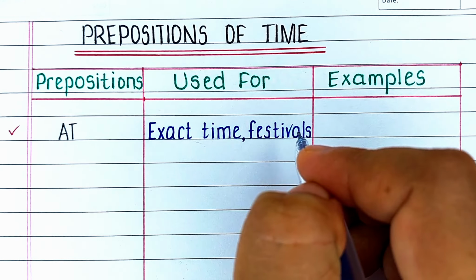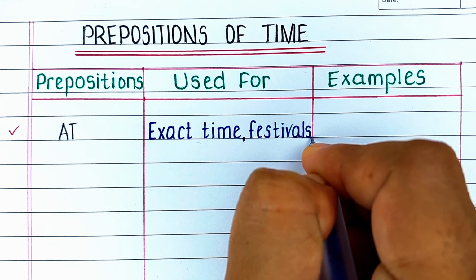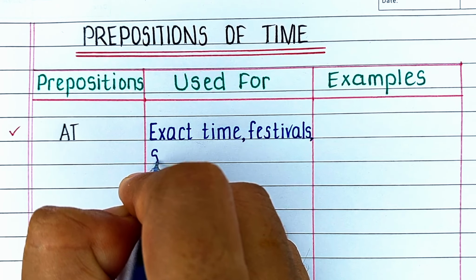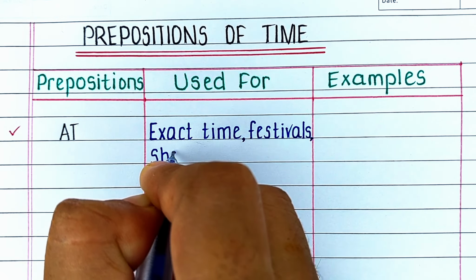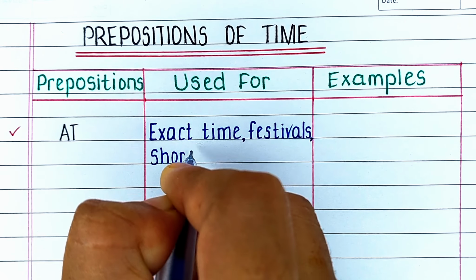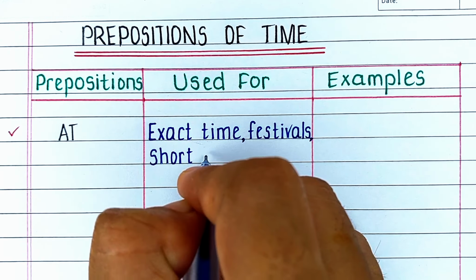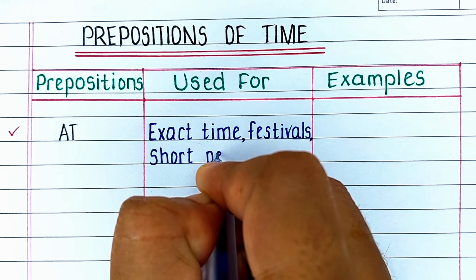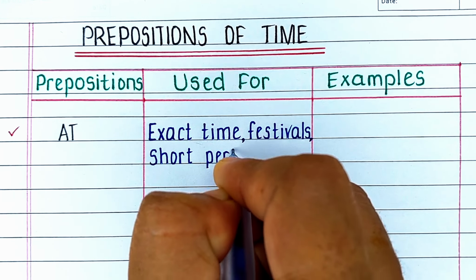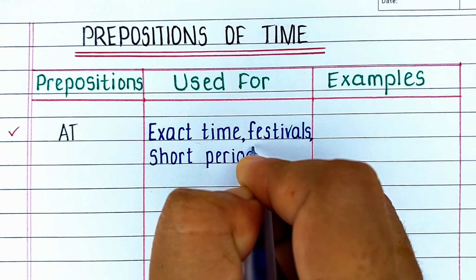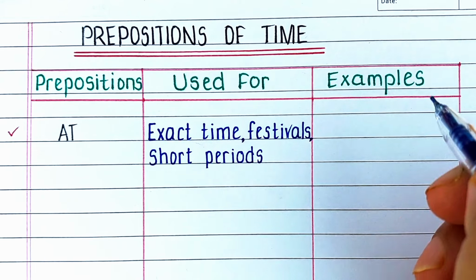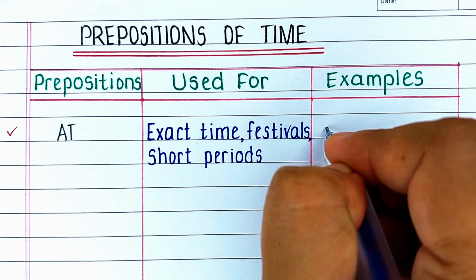Preposition of time is a preposition used to indicate when a particular action takes place. On number 1, we have at. At means point in time. It is used for exact time, festivals, or short periods.